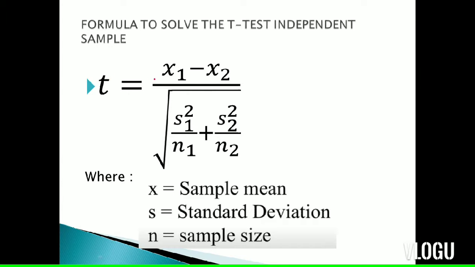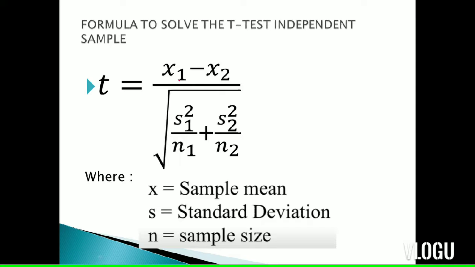So t is equal to x sub 1 minus x sub 2 all over the square root of s sub 1 squared over n sub 1 plus s sub 2 squared over n sub 2.